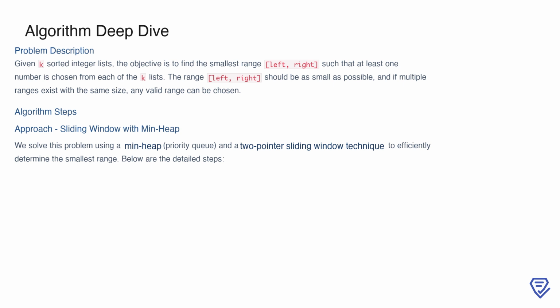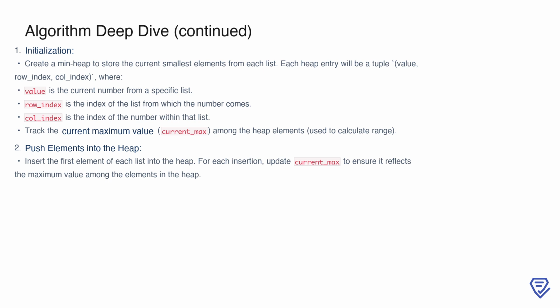Let's break this algorithm down step by step. The first step is initialization. We create a min heap to store the smallest elements from the lists. Each entry in the heap is a tuple (value, row_index, col_index), where value represents the current number, row_index identifies which list the number comes from, and col_index indicates its position in the list.